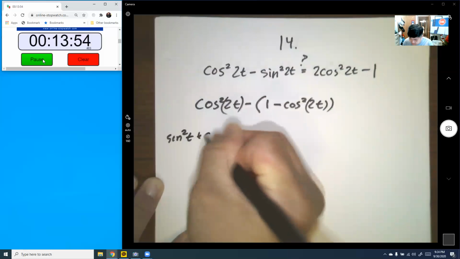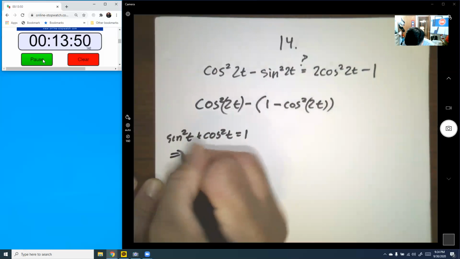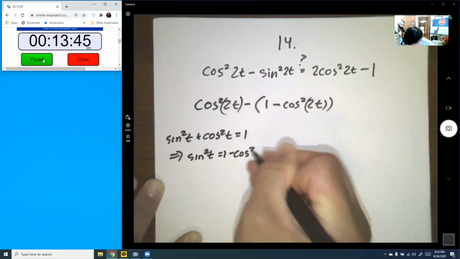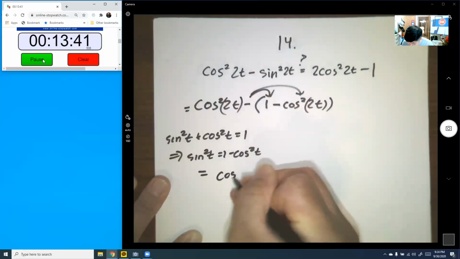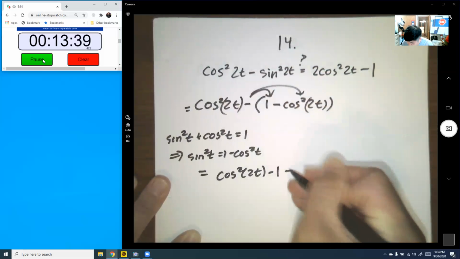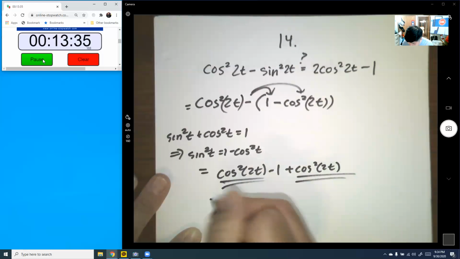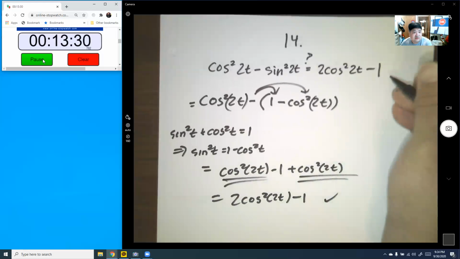Sine squared t plus cosine squared t equals 1 is the same as saying sine squared t is 1 minus cosine squared t. So we distribute the negative and have cosine squared 2t minus 1 plus cosine squared 2t. Then combine the like terms, and I have 2 cosine squared 2t minus 1. So this one is verified.